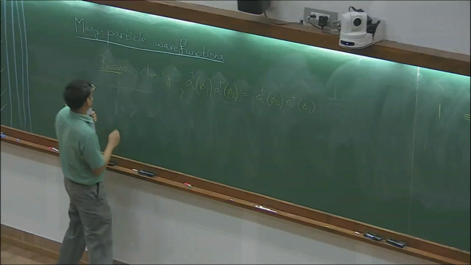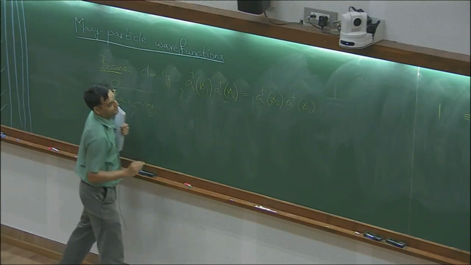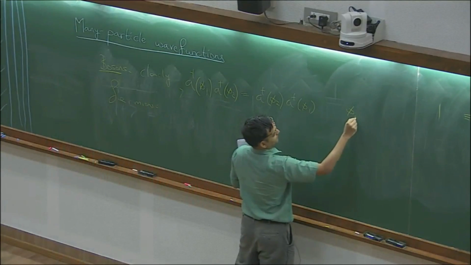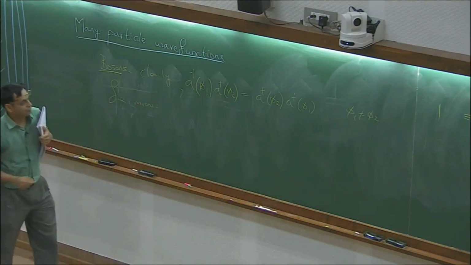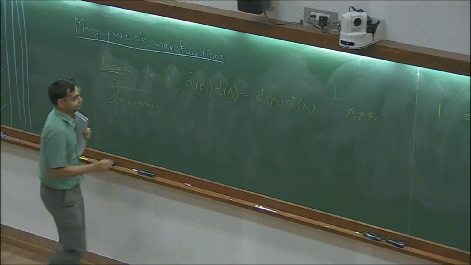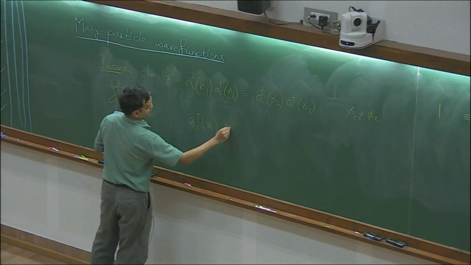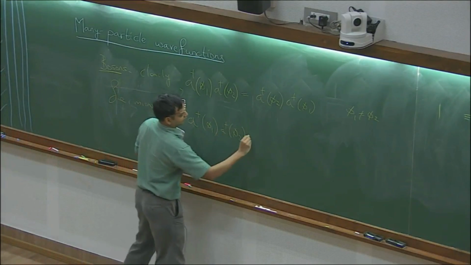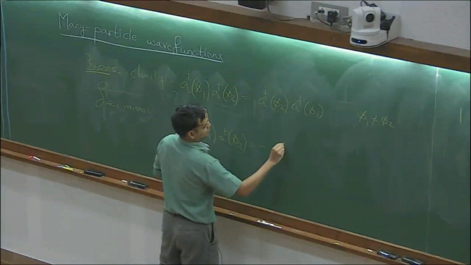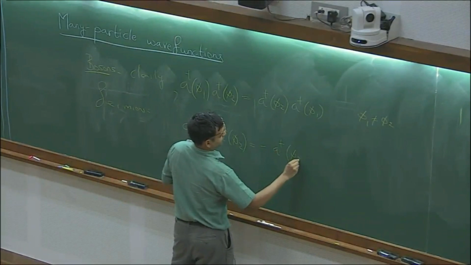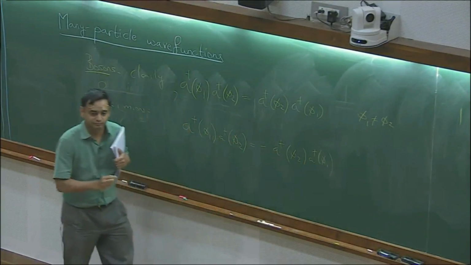For fermions it matters. Right? What happens for fermions? Minus, because there's an extra interchange involved. Okay.